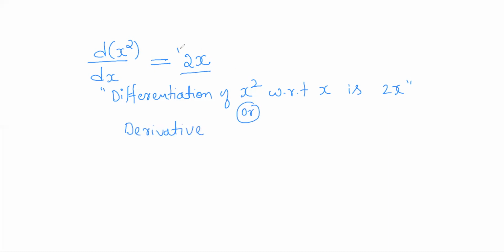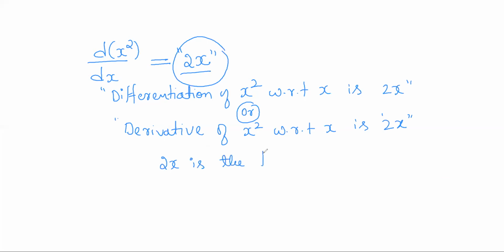The function you get after differentiating the given function is called the derivative. Here 2x is the derivative of x square. So the derivative of x square with respect to x is 2x.